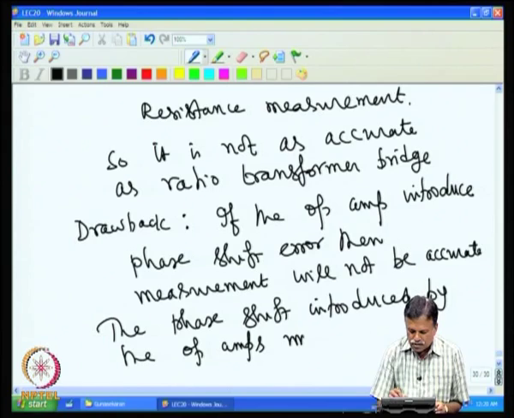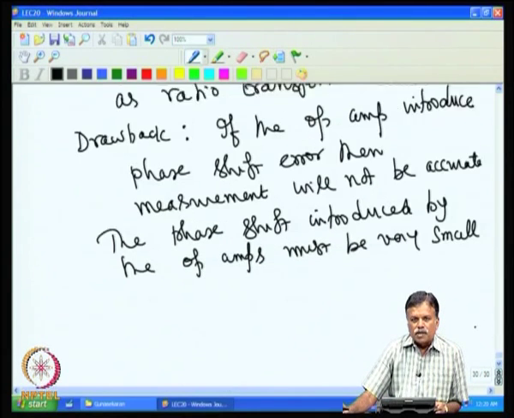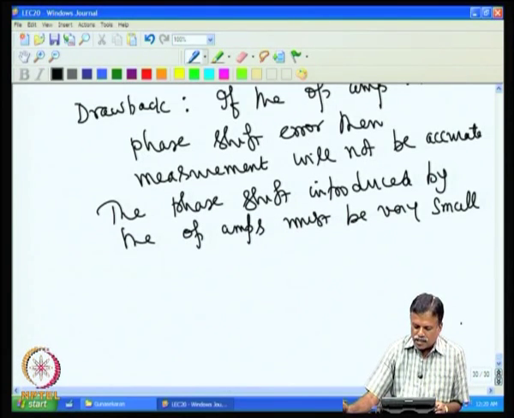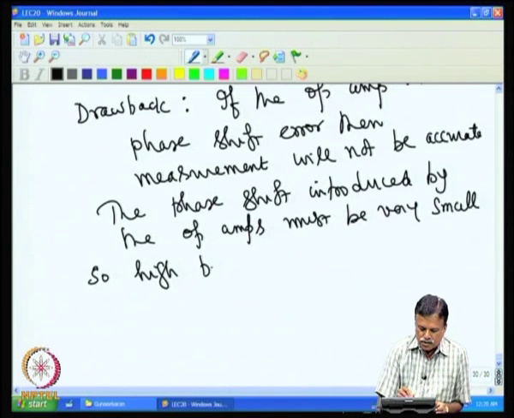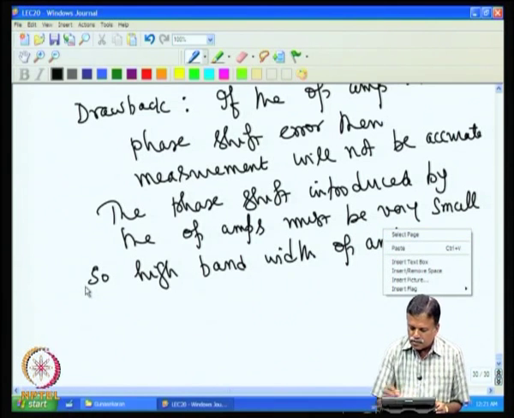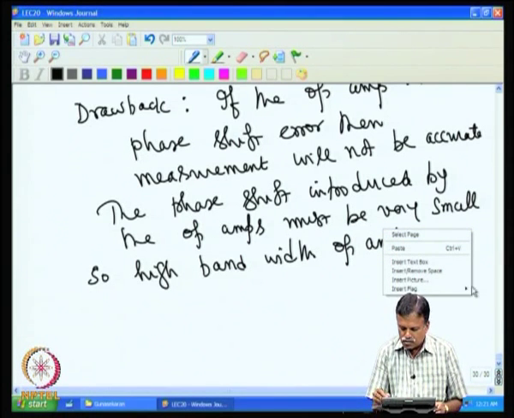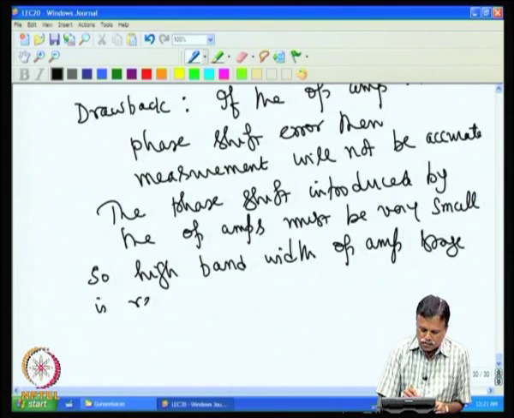This can be achieved by selecting a wide bandwidth op amp. So high bandwidth op amp stages are required.